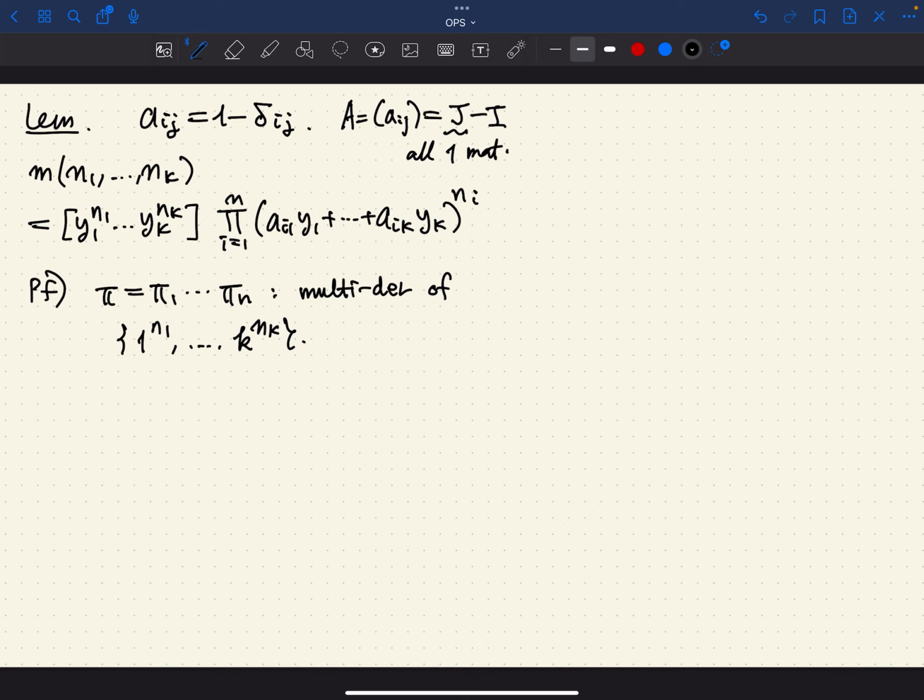First, let's consider the subword pi 1 up to pi n1. It's like a diagram: pi looks like this, pi n1 plus 1, pi n1 plus n2, etc. And what does the first part look like?